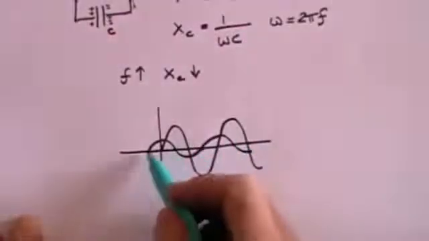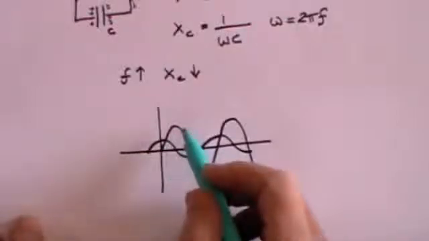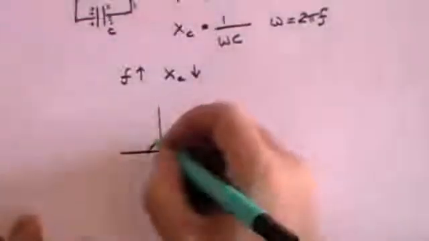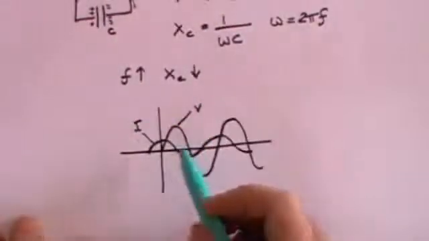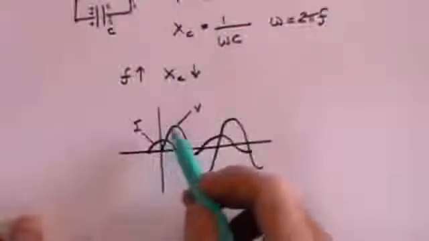In fact, the current starts first and then the voltage comes second. So the voltage lags behind the current. This is the voltage, this is the current, and the voltage is lagging behind. The current does this, the voltage starts, as it were, later.